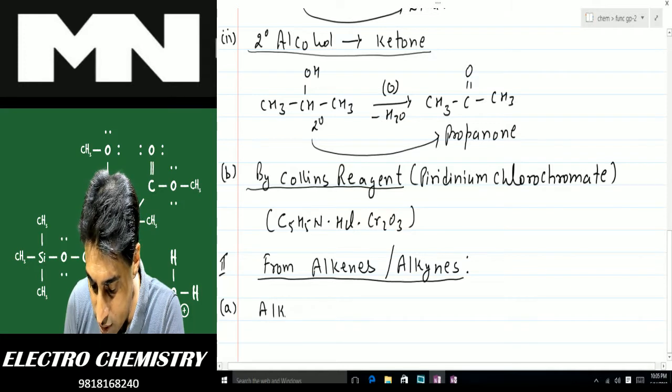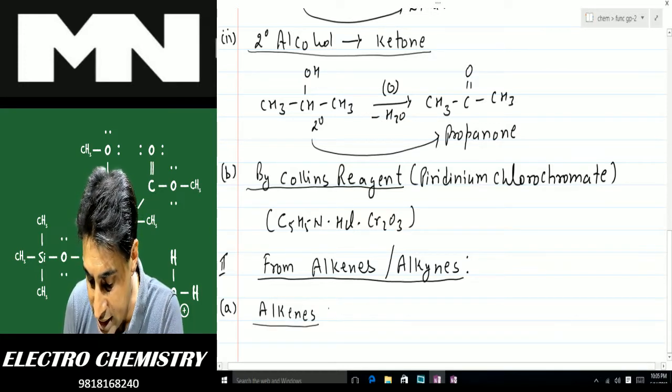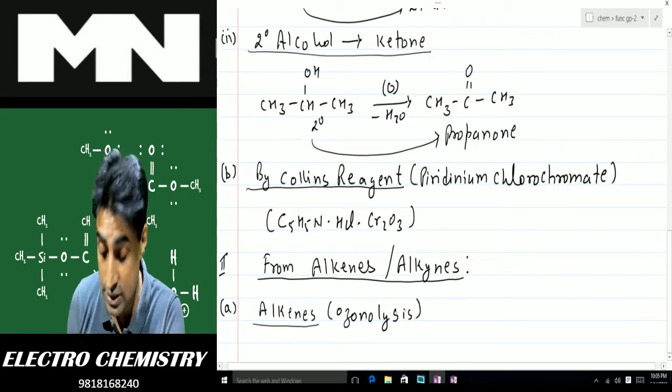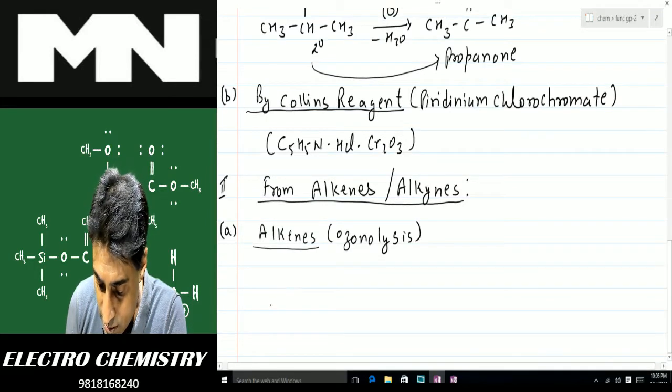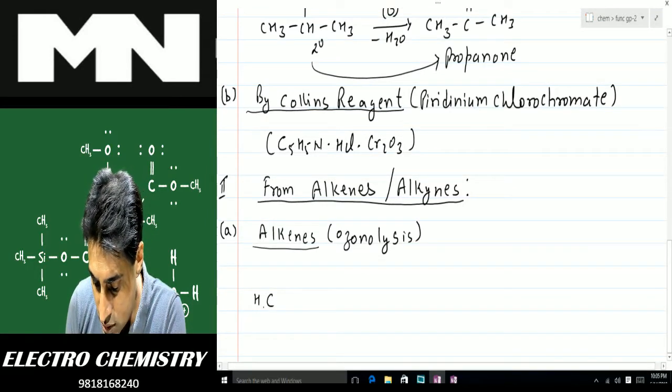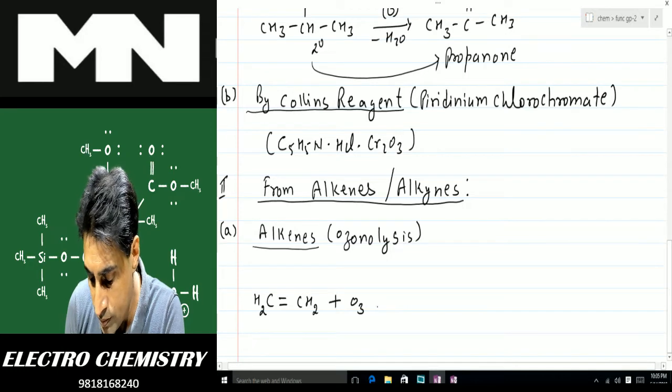See, if I talk about alkenes, the reaction which we did in the 11th standard was ozonolysis. We'll see how this reaction proceeds. Now suppose I have got a compound CH2=CH2, and I'm reacting it with ozone.